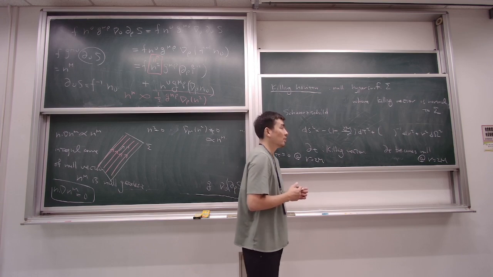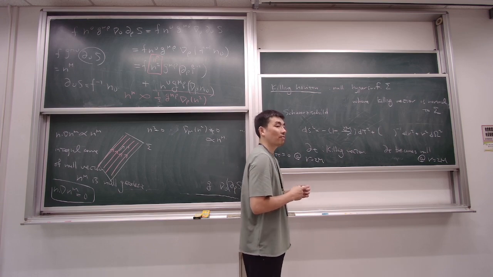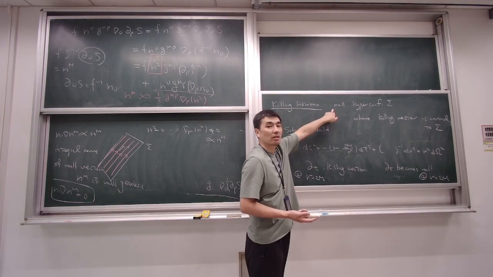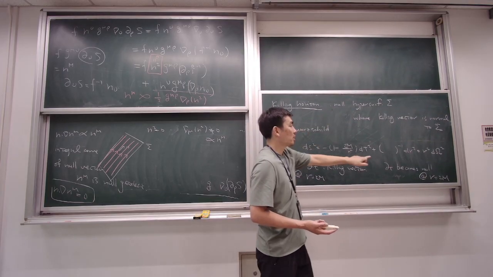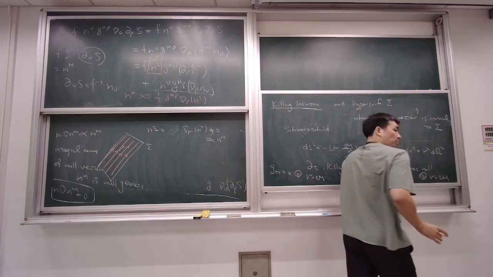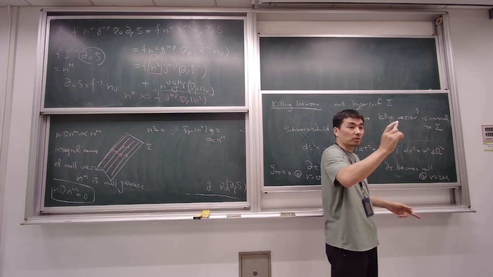So we can define the event horizon of Schwarzschild as a null hypersurface where ∂_t, the Killing vector, is normal to it.